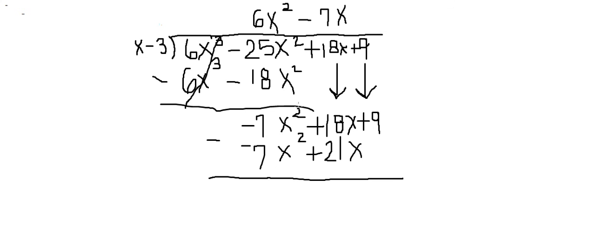These two cancel each other out, so you don't bring them down. And then a positive 18x minus a positive 21x would give you negative 3x. And then, like the first part, you bring down the 9.